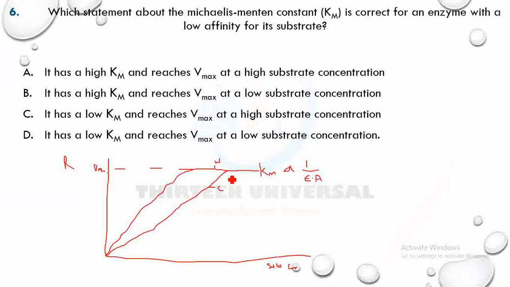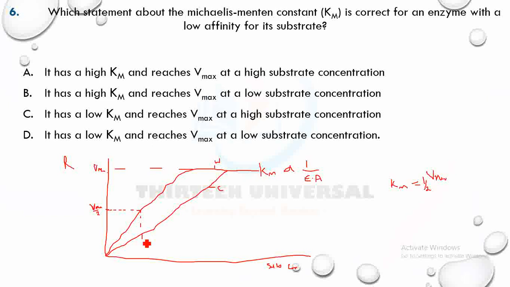Remember that Km is the substrate concentration at half Vmax. So you have to get your half Vmax, which is Vmax over 2. When we trace it, let's determine the Km for the reaction without inhibitor, which is the first graph.